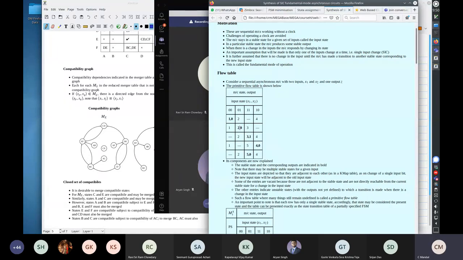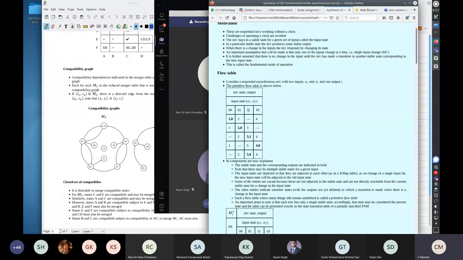On the other hand, if it changes to 1, 0, it changes to 4, and then it stabilizes at 4 for input 1, 0. But look at the behavior here. Suppose you are in state 2, all right? So let us see what happens. Say you're in state 2, and here you're in state 4. Now, the input is changing by 1.